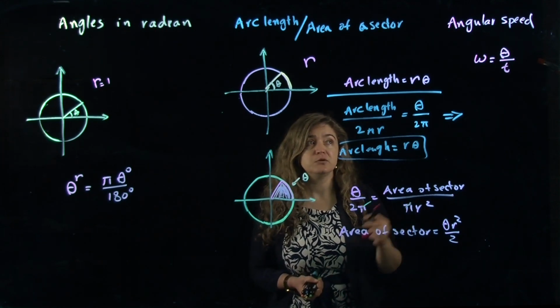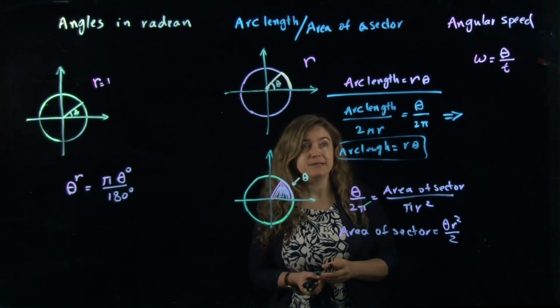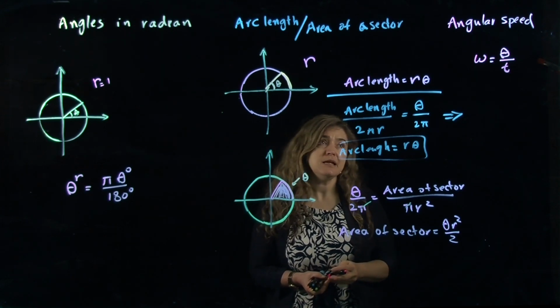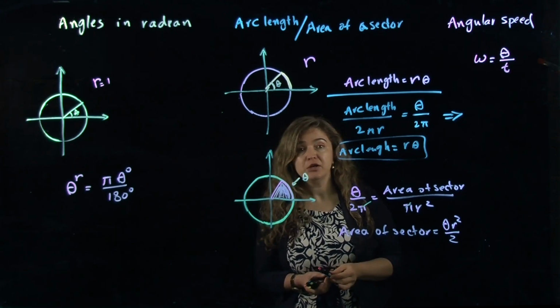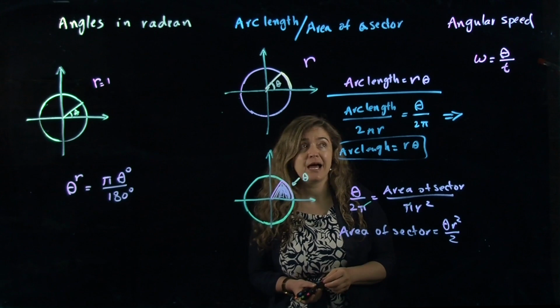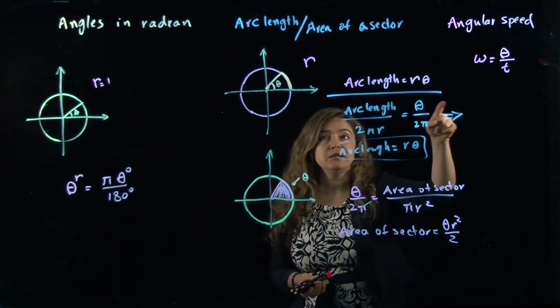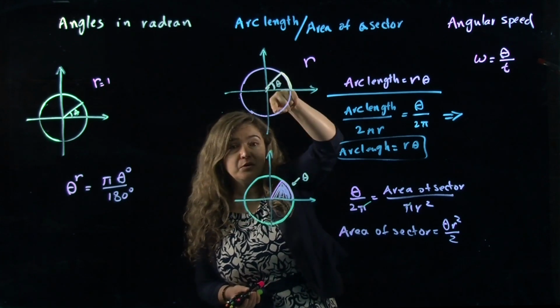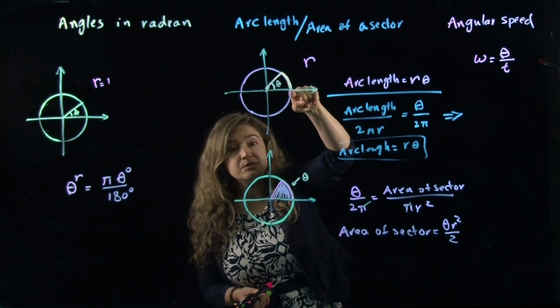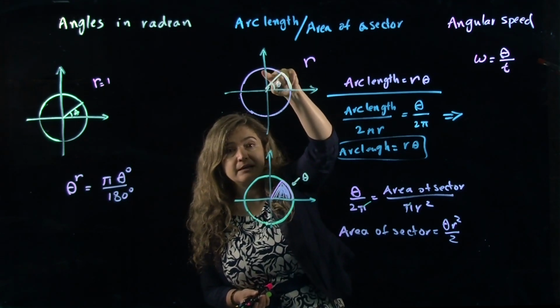So omega is equal to theta divided by t. The next thing is how can I relate this to the actual speed? Remember, when you're going in a circle, the distance you're traveling is the arc length.